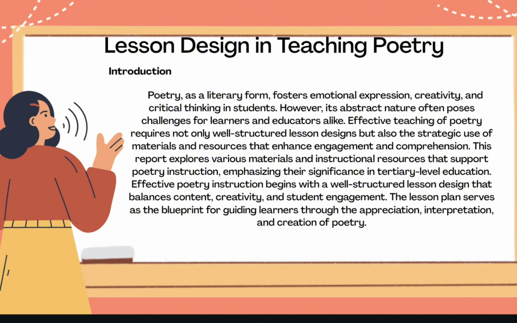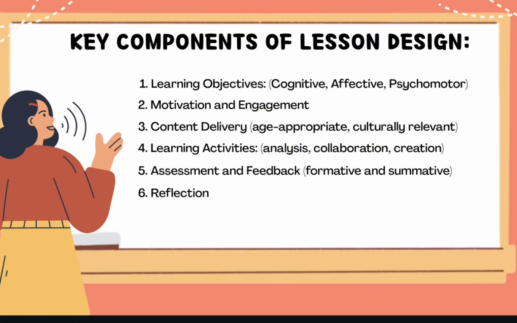The lesson plan serves as the blueprint for guiding learners through the appreciation, interpretation, and creation of poetry. Here are the key components of lesson design. Number 1, learning objective. It contains cognitive, affective, and psychomotor. Number 2, motivation and engagement.